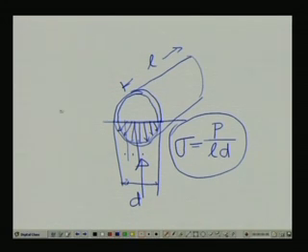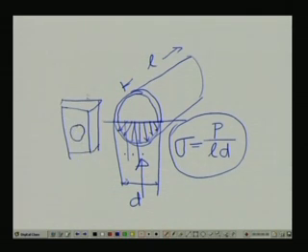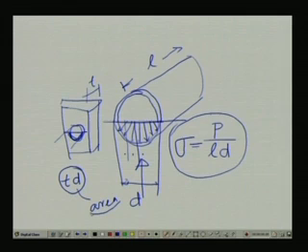So, if it had been a small plate of thickness T with a shaft inside like that, then what is the projection? Here also we will consider T into the diameter of the shaft. This is the projected area. So, this is the area to be considered for the bearing stress.